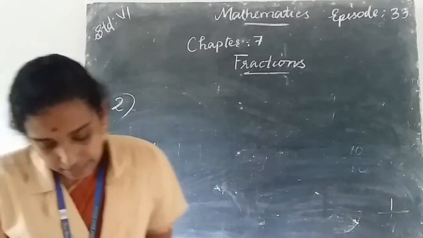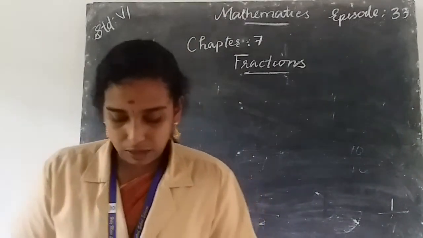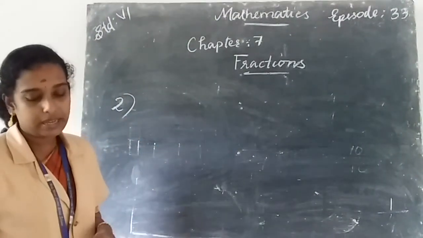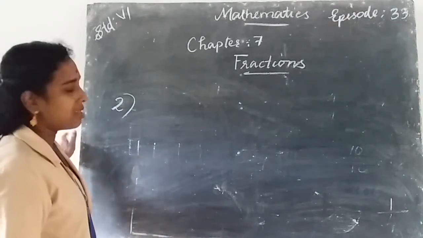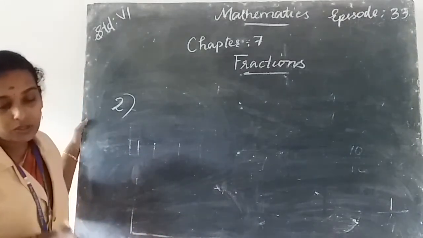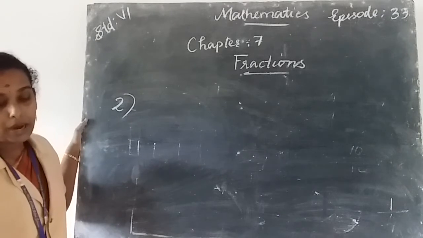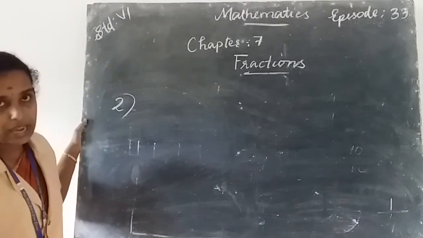Second question. Color the part according to the given fraction. So some figures are given here, and also some fractions are given, and we want to shade or color the part according to the given fractions. Okay.